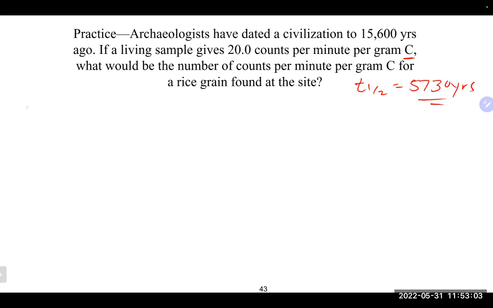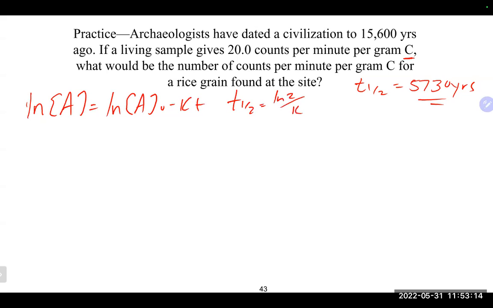So once again, we're going to roll with our first order equations here. In this particular case, we are looking for how many counts per minute would be found. So that is the old one, A. A living one would be our initial.